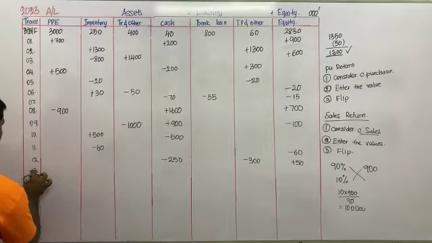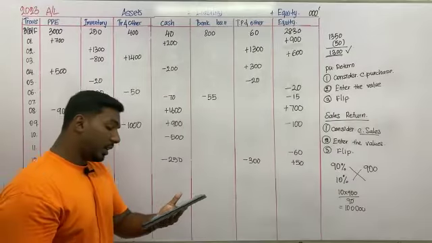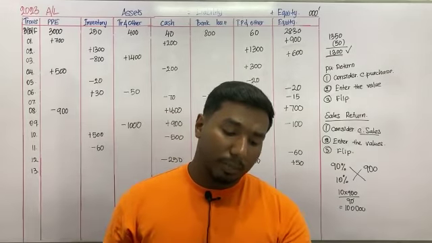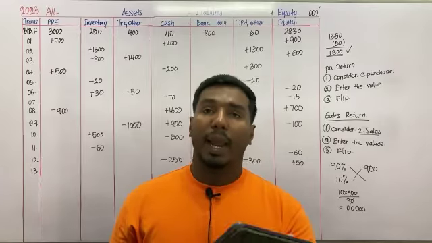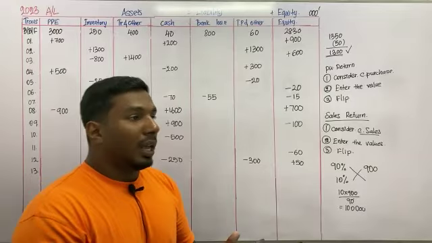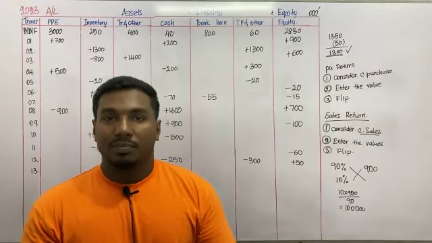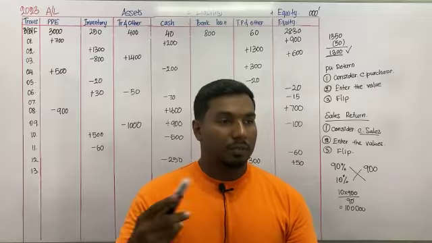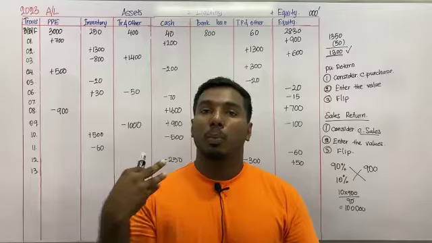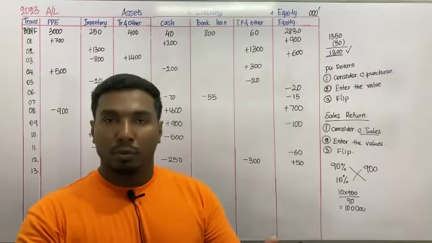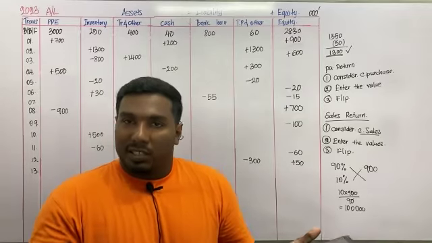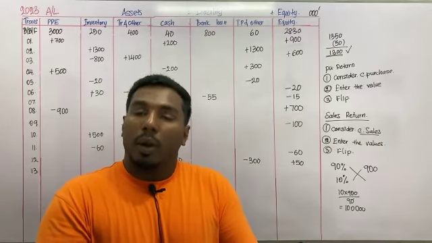So transaction number 13. An inventory costing 100,000 was destroyed and the insurance company agreed to pay 80% of this loss. Transactions like this, there are two transactions. The inventory is lost and the insurance company agreed to pay 80,000. So if there are two transactions merged as one, what we have to do?